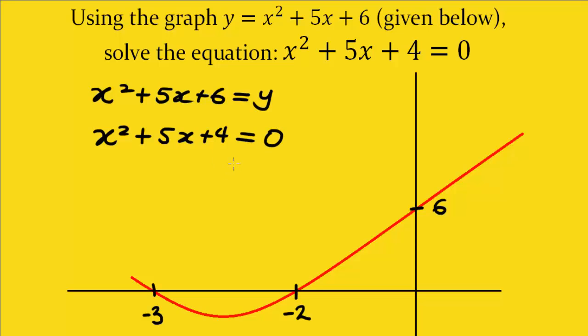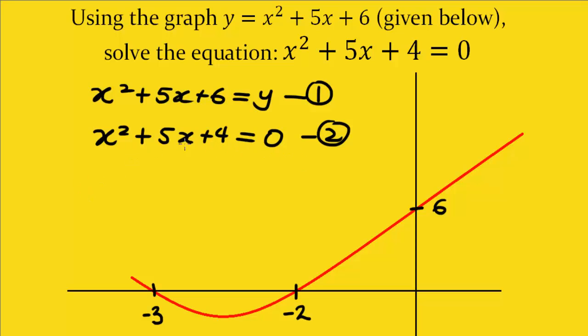Now what you just do is modify this equation so that its left hand side will look like the left hand side of the equation of the graph. So what do I mean?